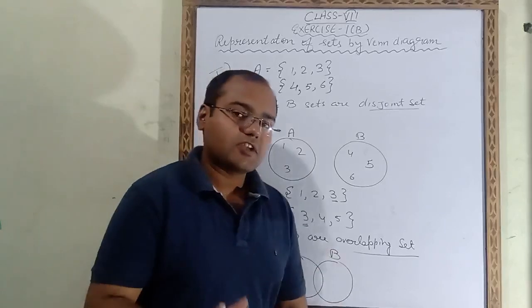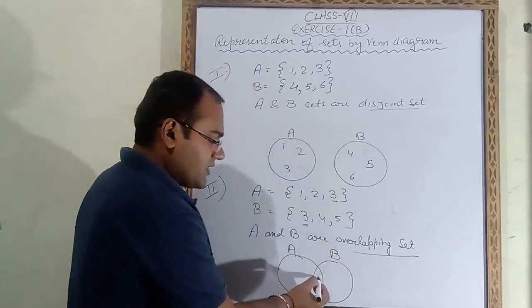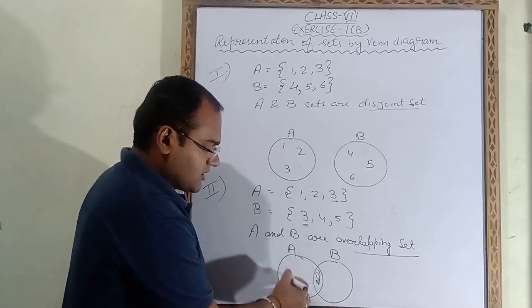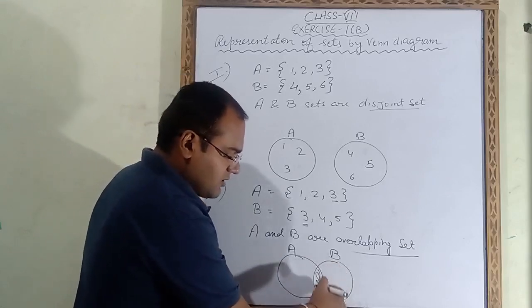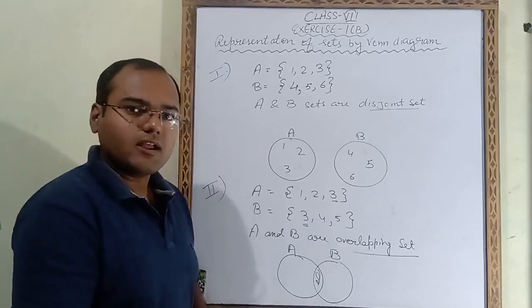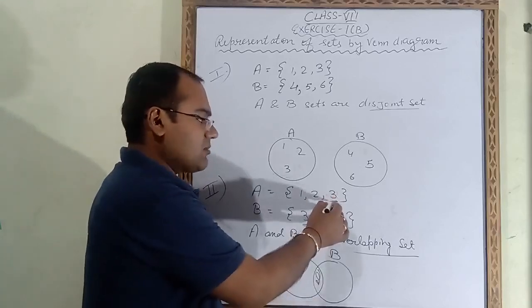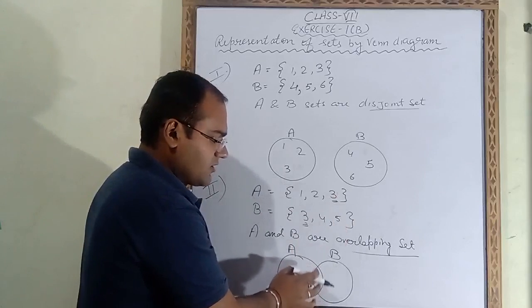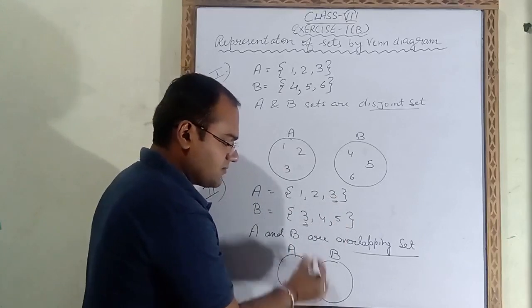Now the next step is, first of all we have to fill this part. This much part is coming in this circle and also in this circle. That means this much part is common in both circles. And which number is common in both circles? 3. So in this part we have to write 3.